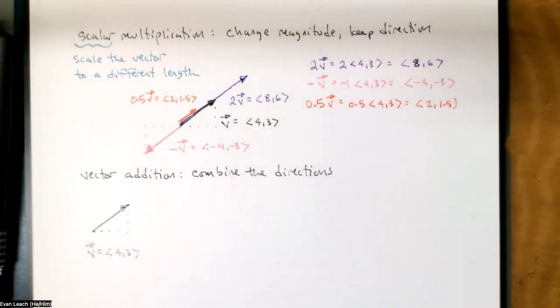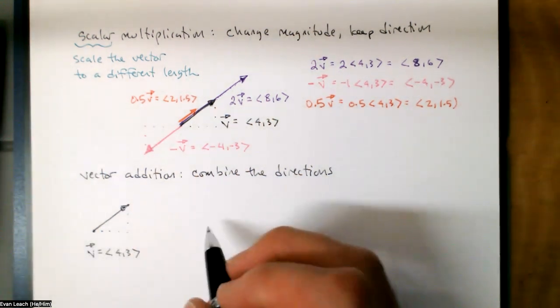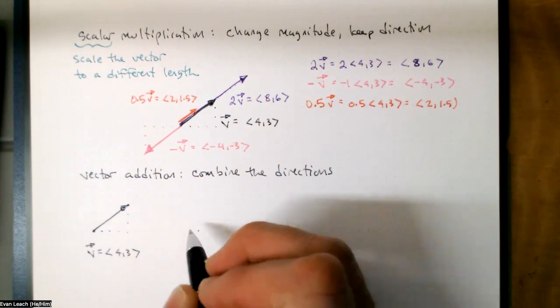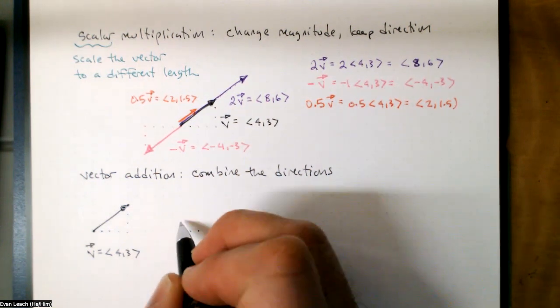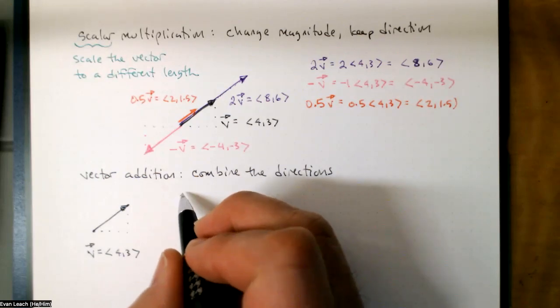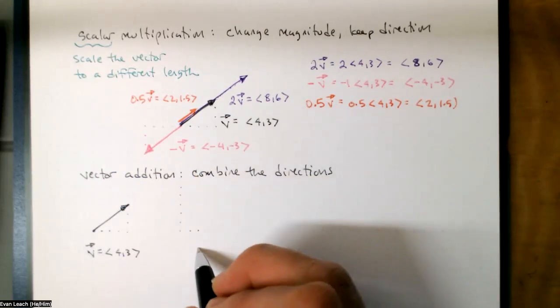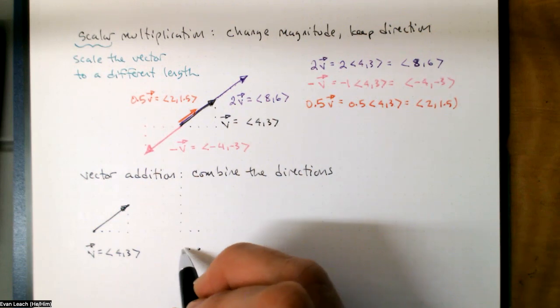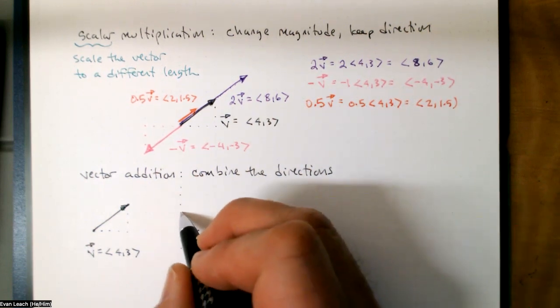So for this, we need two different vectors, or two the same vector. We need two vectors. So let's say v is the vector 4, 3, and let's say that the vector u is the vector -2, 5.